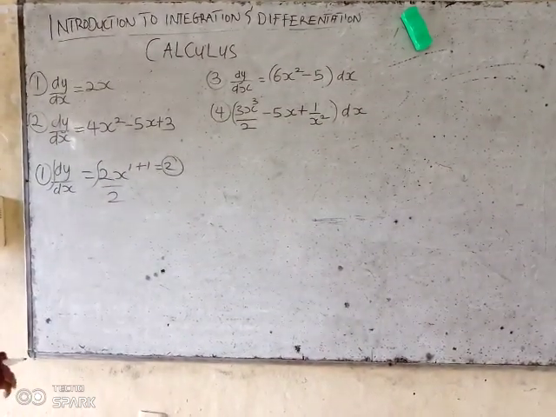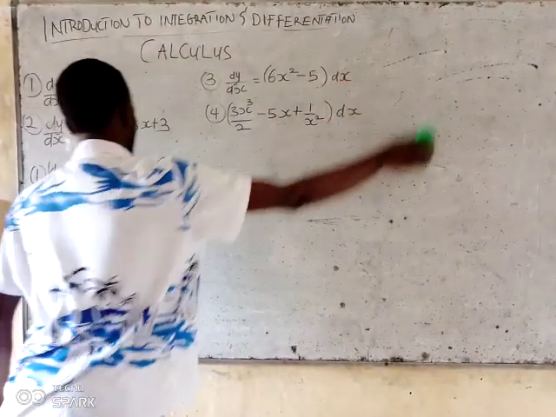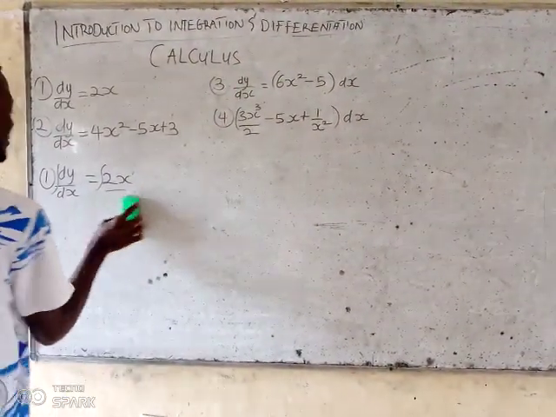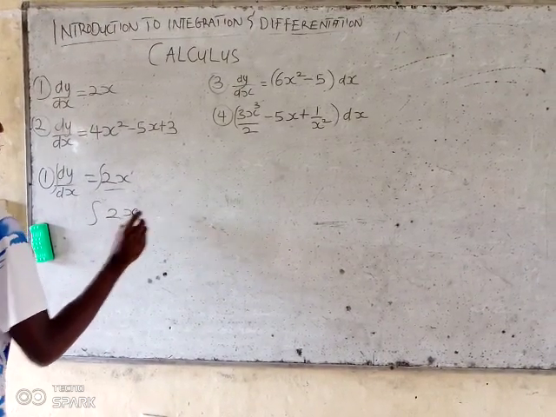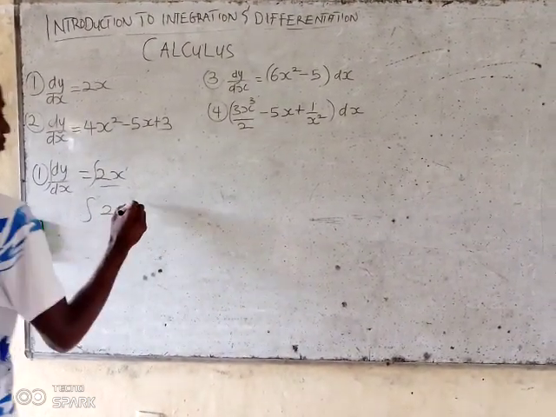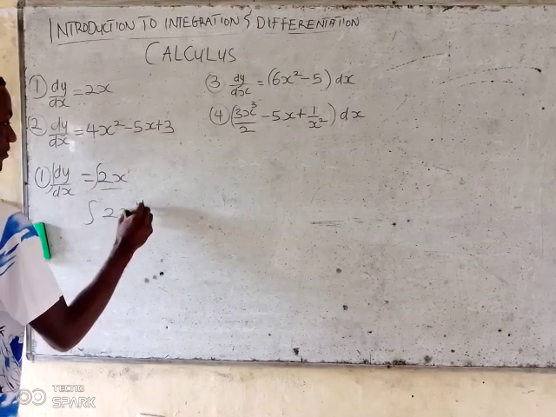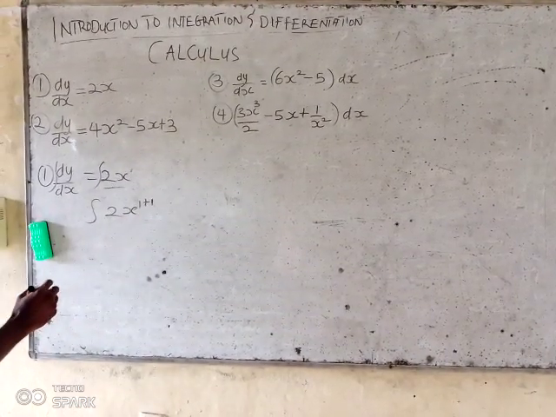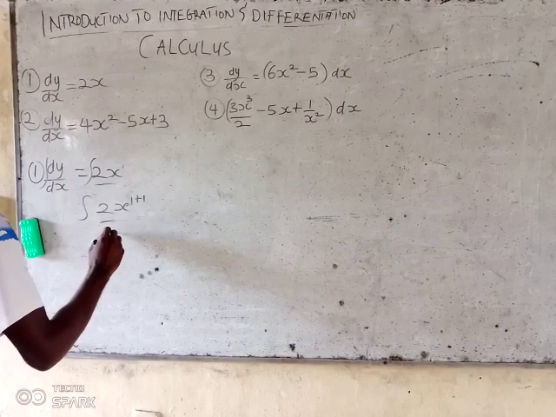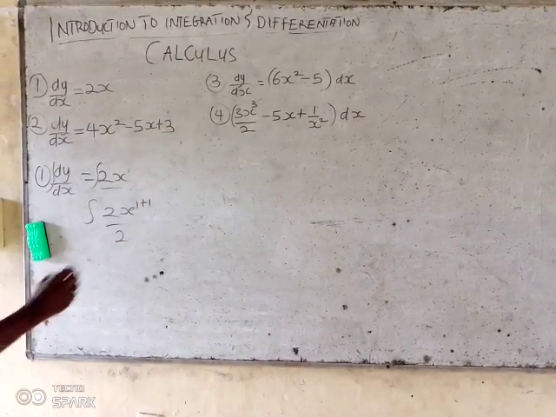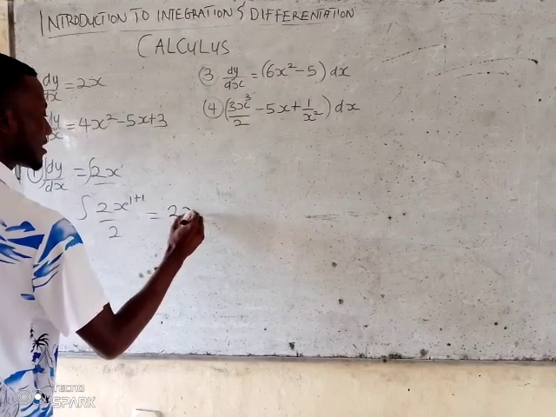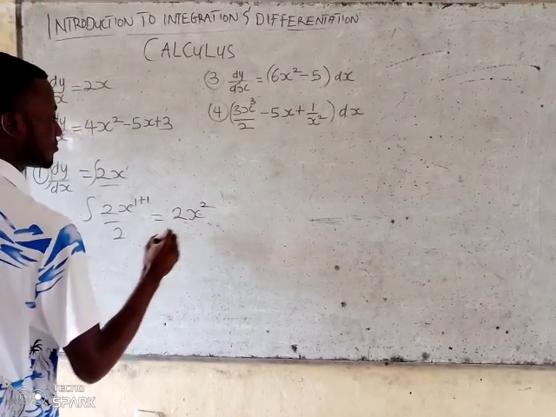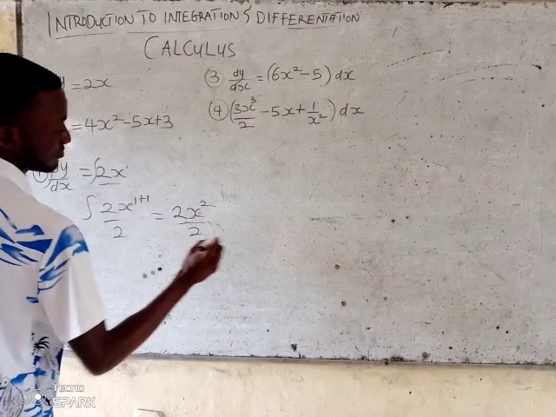Okay? So, writing that, integrating 2s will give us 2s raised to the power of 1 plus 1, which is 2, divided by 2. This is also equal to 2s raised to the power of 2 over 2.